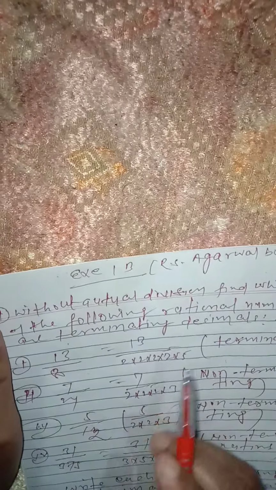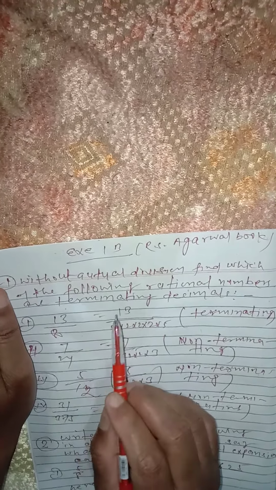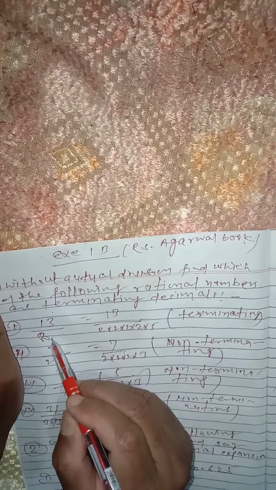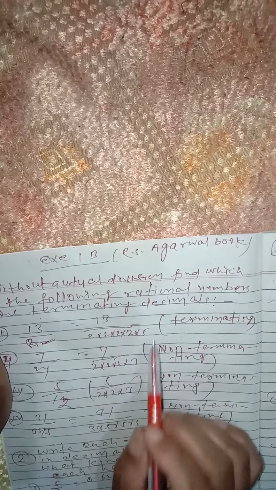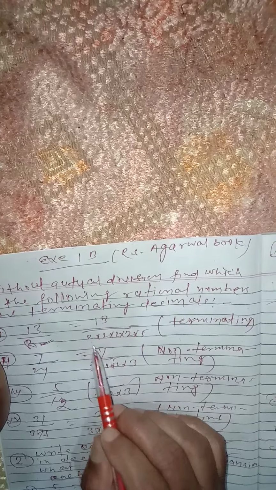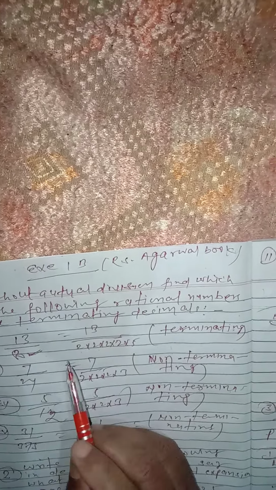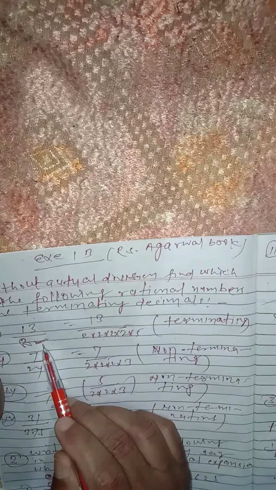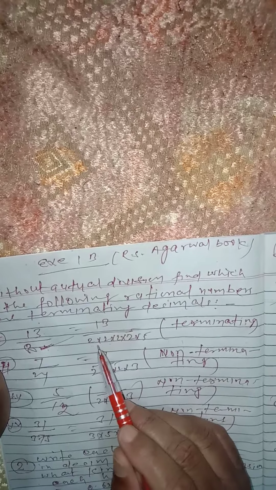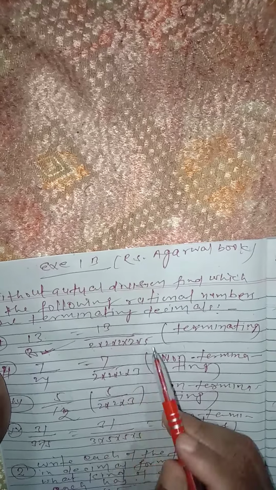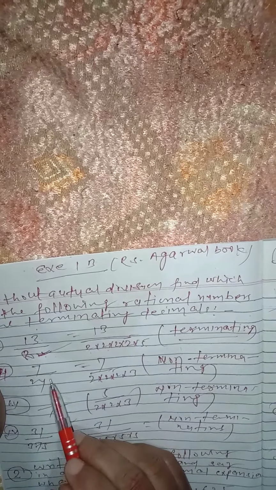As you know from the previous section, if the prime factors of the denominator are only 2, or only 5, or 2 and 5, then the given number is a terminating decimal number. So 13/80, here the denominator is 80. The prime factors of 80 are 2 into 2 into 2 into 2 into 5. Therefore, it is a terminating decimal number.